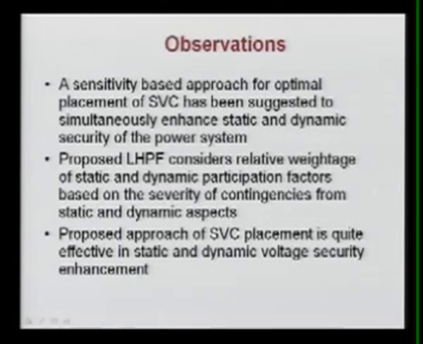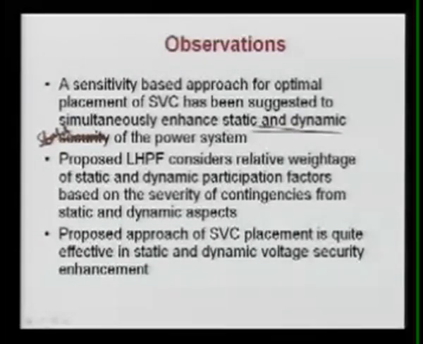A sensitivity based approach for optimal placement of SVC has been suggested to simultaneously enhance static and dynamic stability of the system. Here we are not talking about security, we are talking about the stability of the system. The proposed hybrid participation factors consider the relative weightage of static and dynamic participation factors based on the severity of contingency from the static and dynamic aspect.